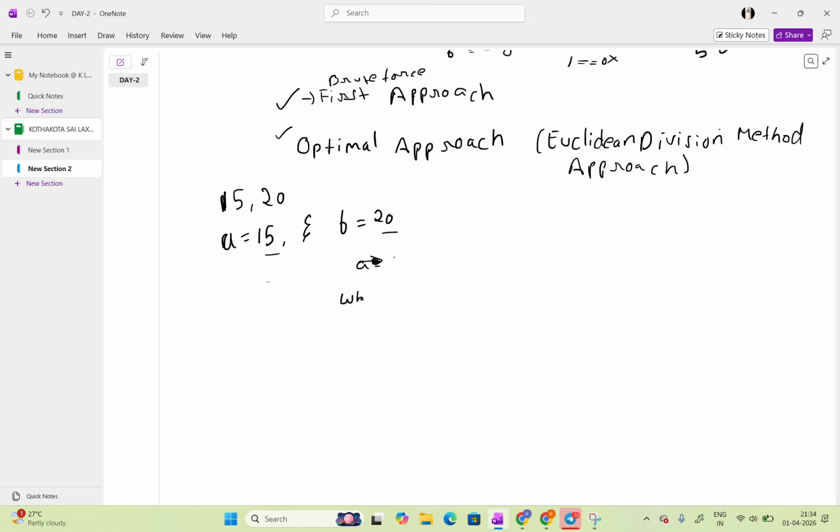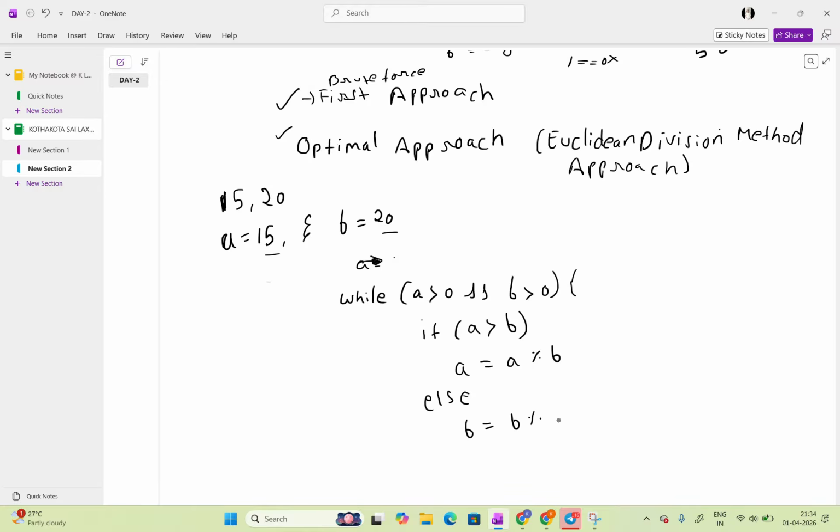While A greater than 0 and B greater than 0, if A greater than B, then A equals A modulo B, or else B equals B modulo A.